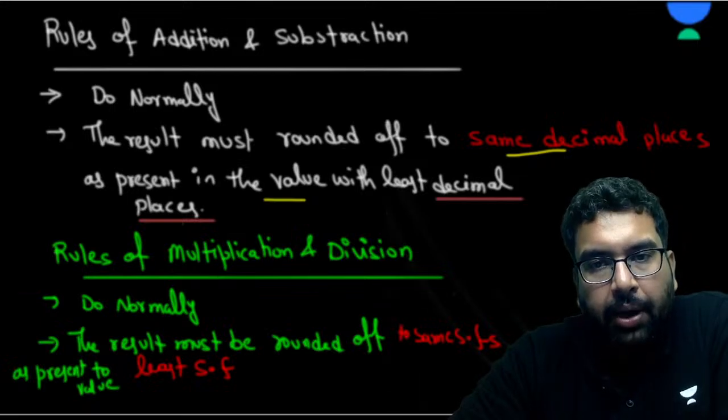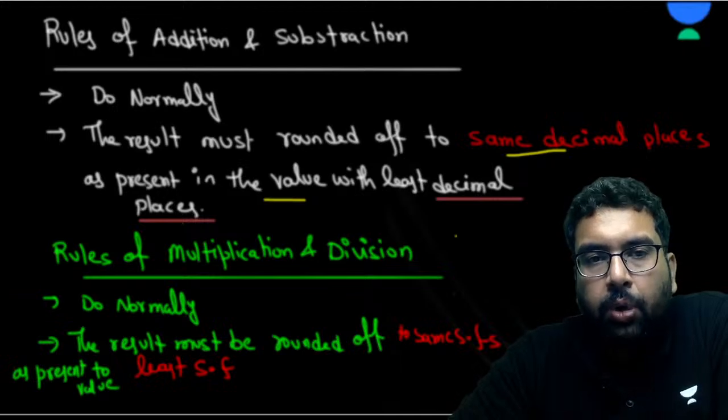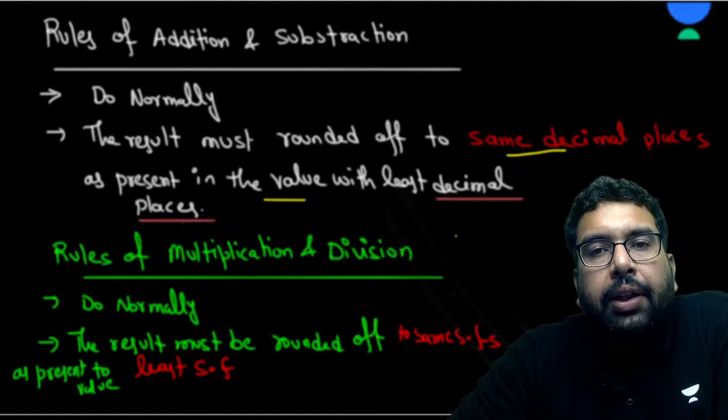Are you getting my point, beta? So rules of addition and subtraction: first of all, you need to do it normally. Then the result must be rounded off to the same decimal places as present in the value with the least decimal place.